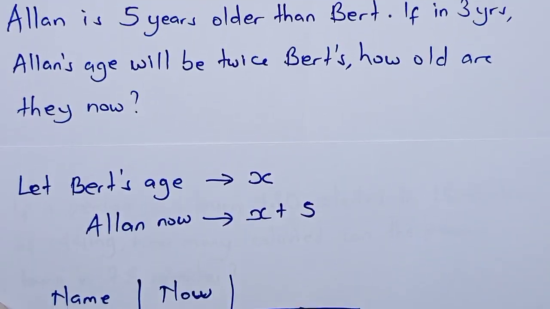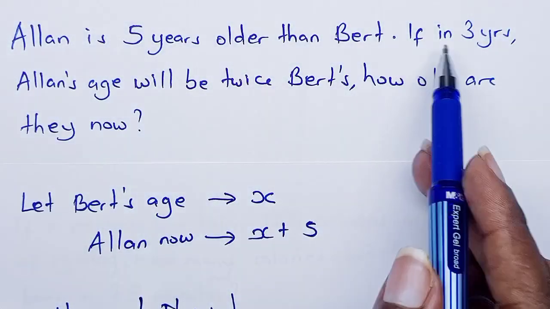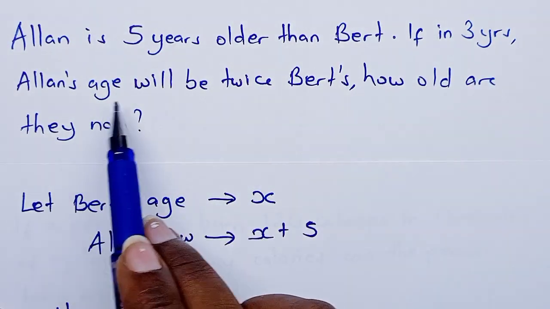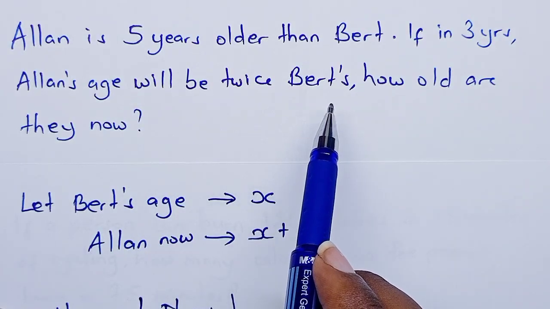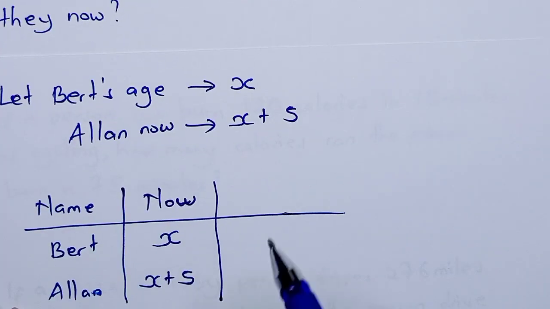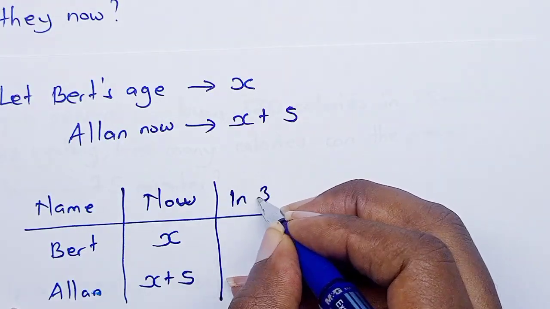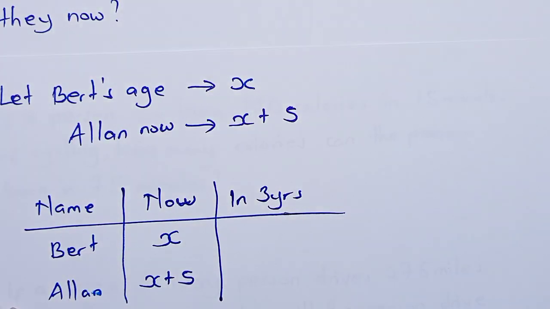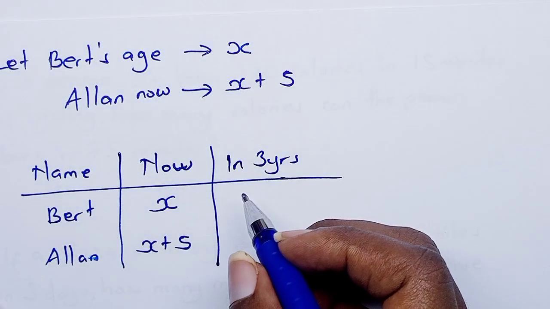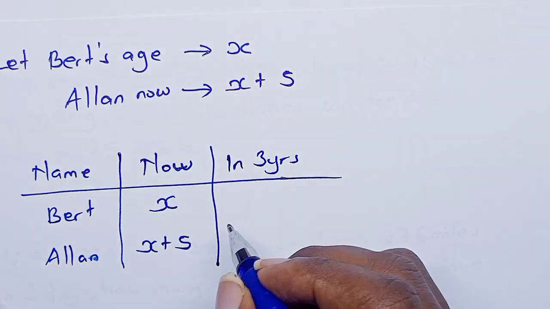Now, we have been told that in 3 years from now, Alan's age will be twice that of Bart.